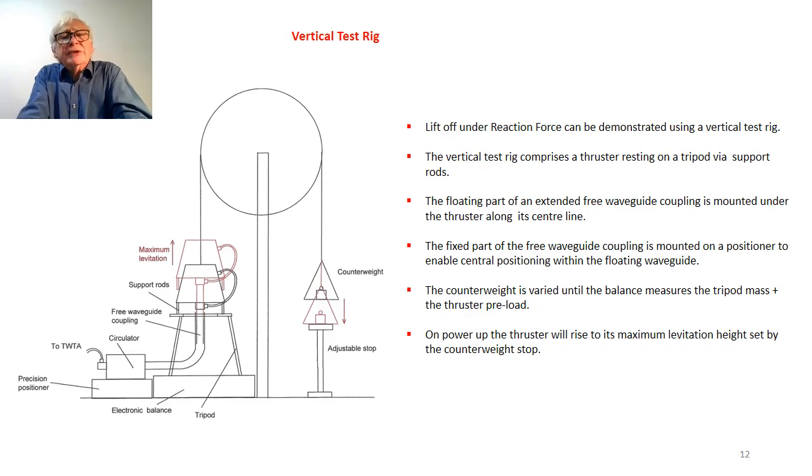So if you make this test rig sufficiently high, you can use it as a drop tower to enable you to measure the Doppler shift under 1g acceleration, if you like, when you cut the string and allow the thruster to drop. It will be very important to understand the Doppler shift effects during this development period of superconducting thrusters.